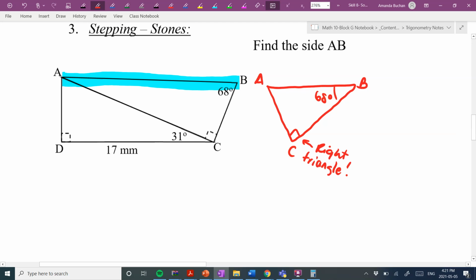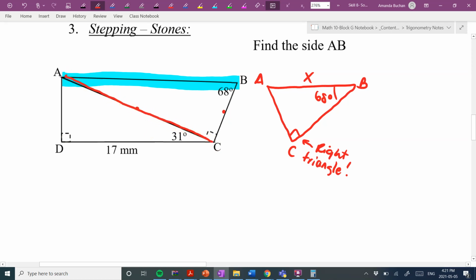Now the tough part is that I don't have any side lengths. So even though I do have a right triangle here, I still can't solve it because it's missing a piece of information. So for me to be able to solve this, I need to find one of the other two sides.